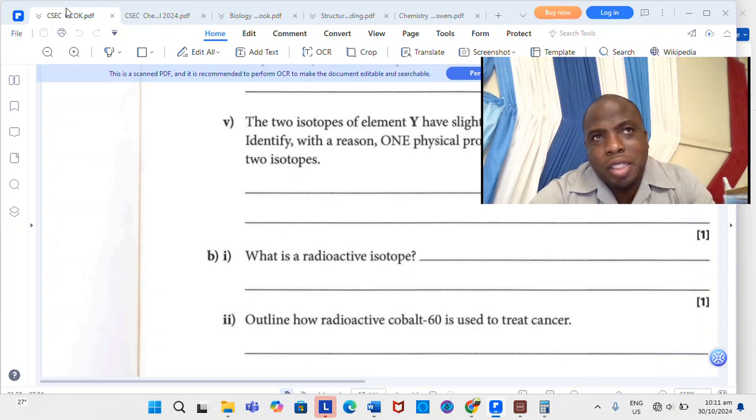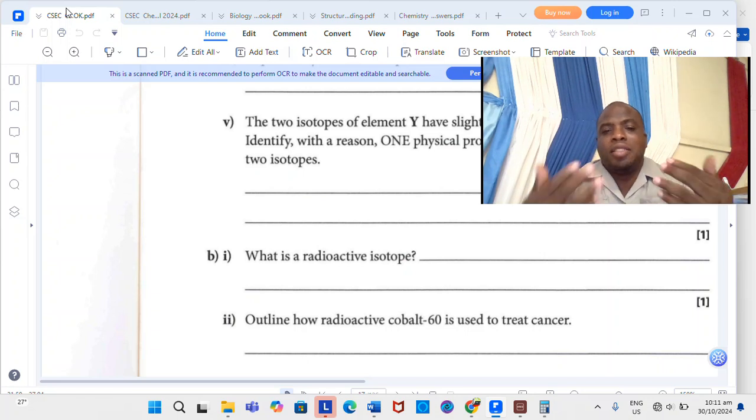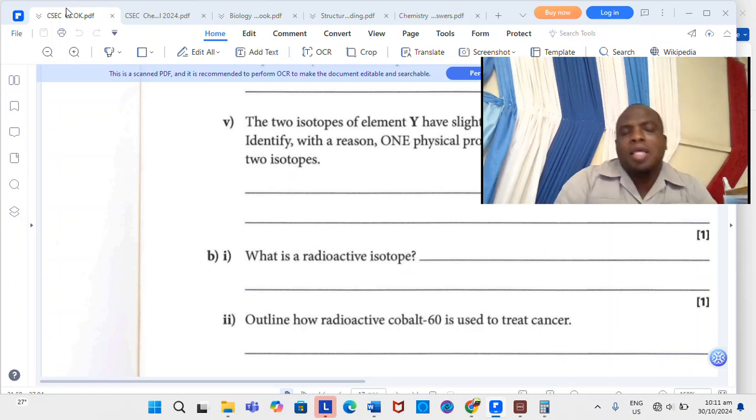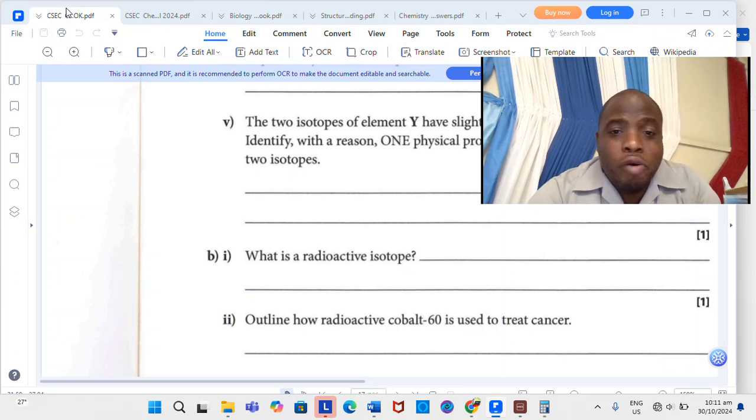When it is splitting, it's going to give off some energy or radiation or different particles. And so that's what we really call a radioactive isotope. So it's an isotope with an unstable nucleus that will split, and by doing so will become stable, and it will give off some amount of particles or radiation.